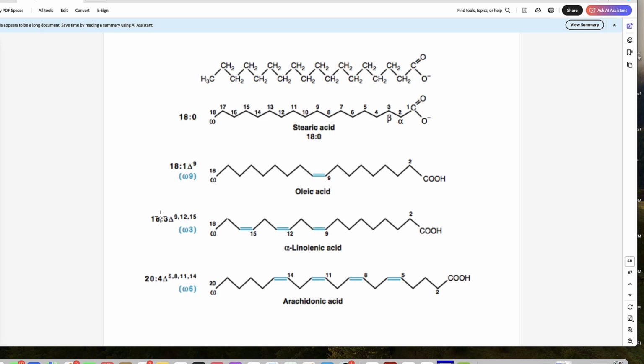And so you're going to have delta 9, and then you're going to put the carbon number associated with where each double bond starts. So here we know the first one is 9, 10, 11, 12. So delta 9, delta 12, 13, 14, 15, delta 15. Okay? And so then this becomes omega 3. All right?